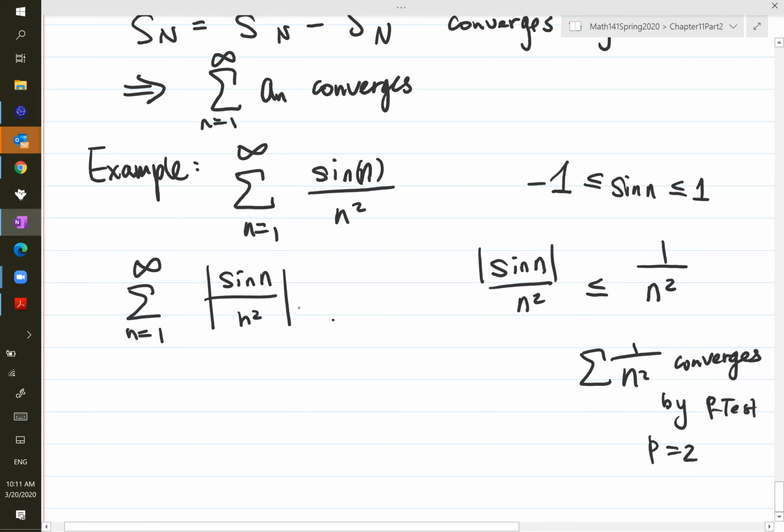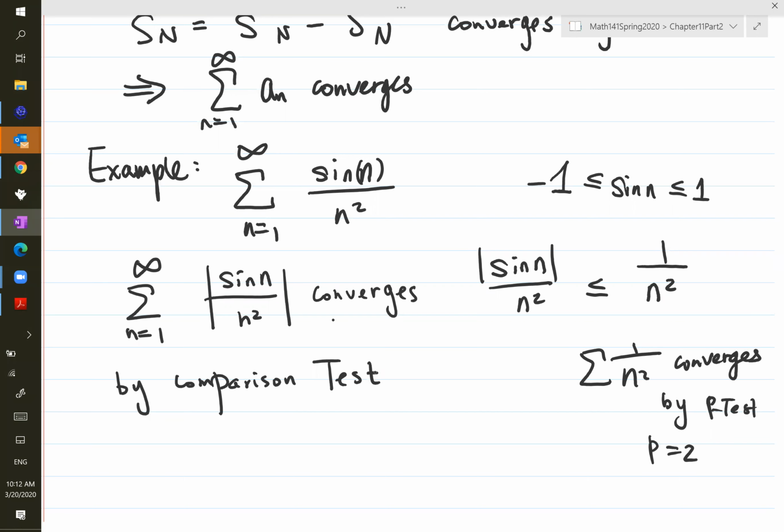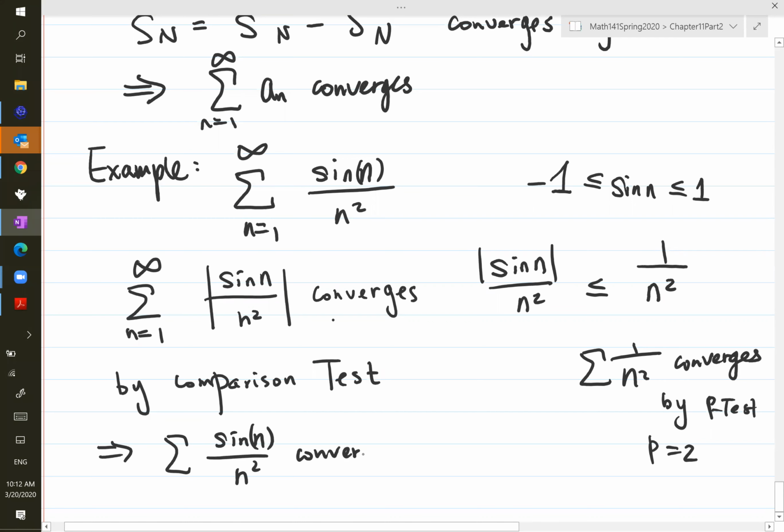So when we take absolute values for every term, then it converges by the comparison test. Because it's controlled from above by the series 1 over n squared, and its partial sum is bounded and increasing, by the comparison test we know this thing, sine n over n squared, converges absolutely.